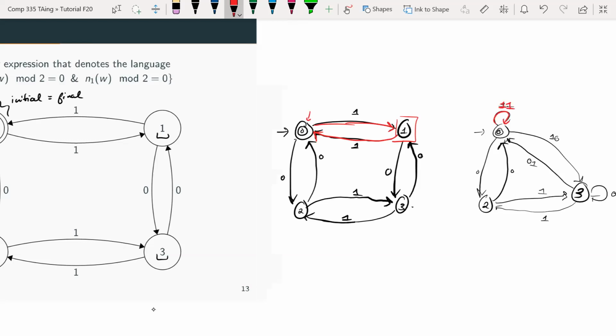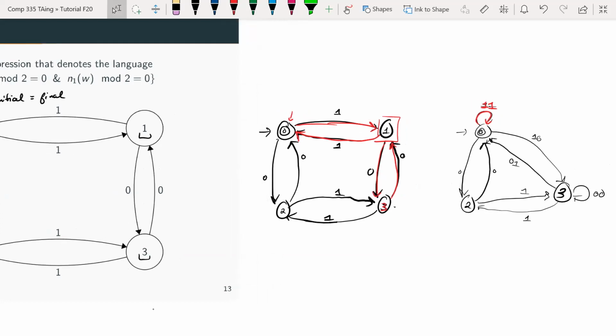The other transition is if I'm in 3, I can go from 3 to 1 with 0, and then from 1 to 3 with another 0. So I can also have a self loop on 3 using 0, 0.